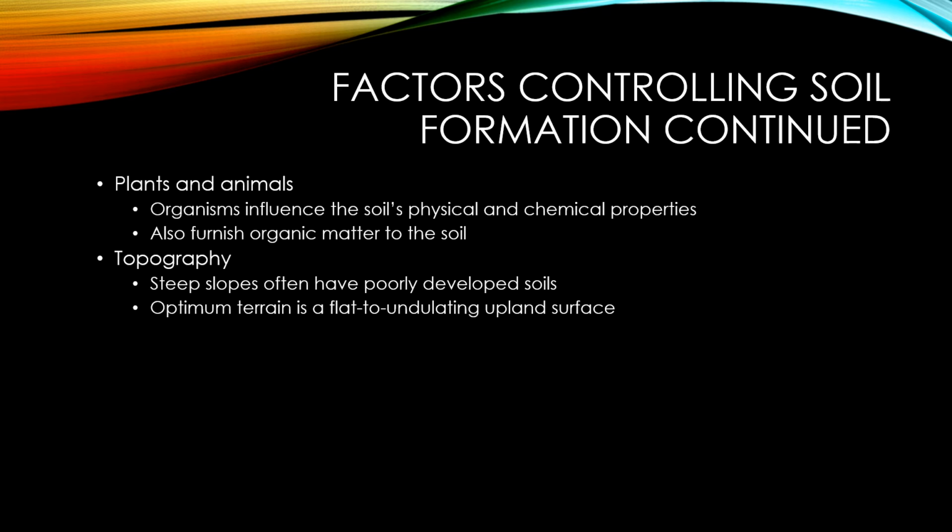A couple more factors that control soil formation. As you can see, there are a number of factors. It's a complex series of processes that lead to soil formation. So you have plants and animals, and this is because organisms influence the soil's physical and chemical properties.